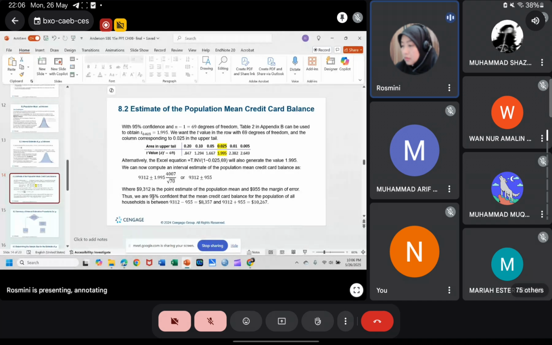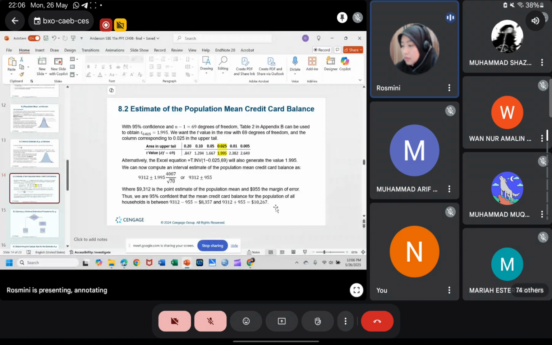Thus, we are 95% confident that the mean credit card balance for the population of all households is between 9312 minus 955 and 9312 plus 955. So you get between 8357 and 10267. So we are 95% confident that it falls within that.